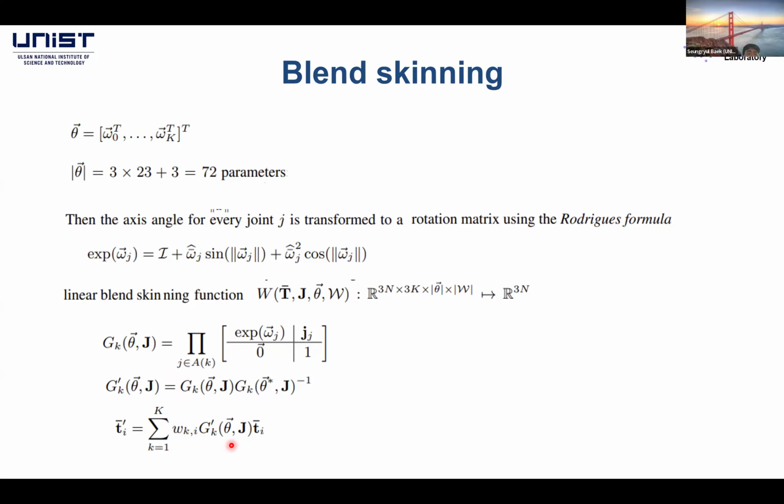Okay, and by multiplying these three and summing over all the parts, we can get the new vertex positions. So this is how each vertex of the SMPL mesh is transformed based on the pose parameter setup.